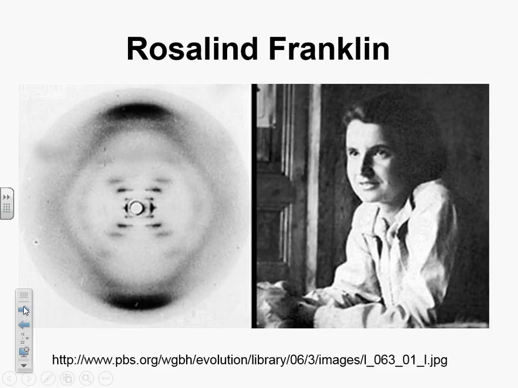By all accounts, she was a bit difficult to work with, so people weren't that keen anyway, but it wouldn't happen now, I hope. Although I think there is still quite a male bias in science. But she produced that, and so I think it's always important to remind people.